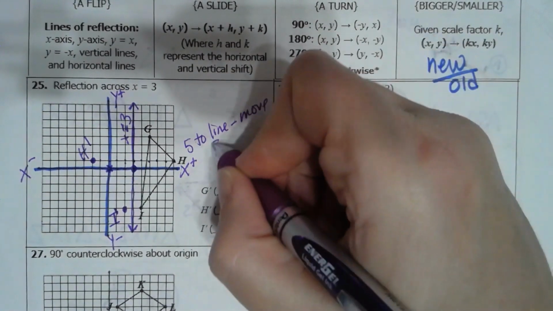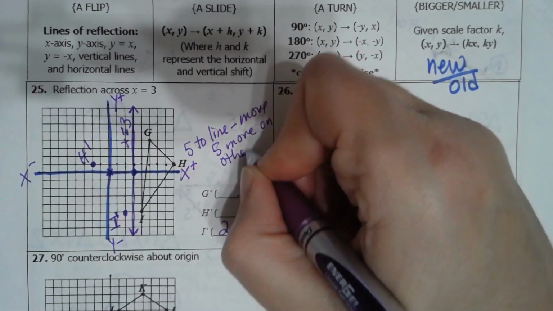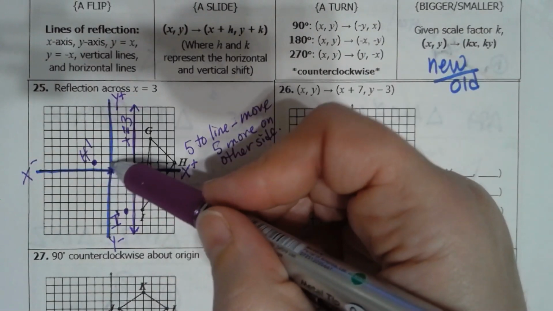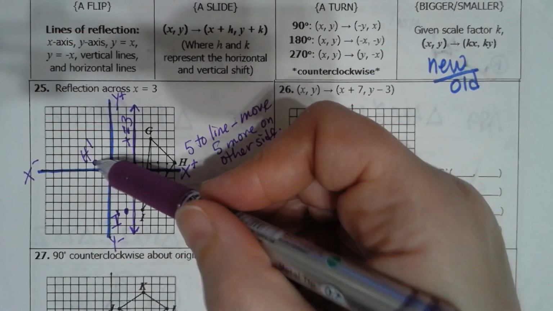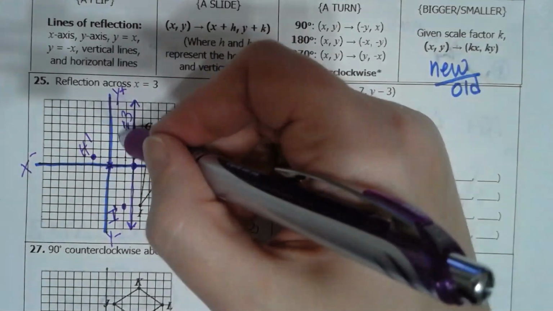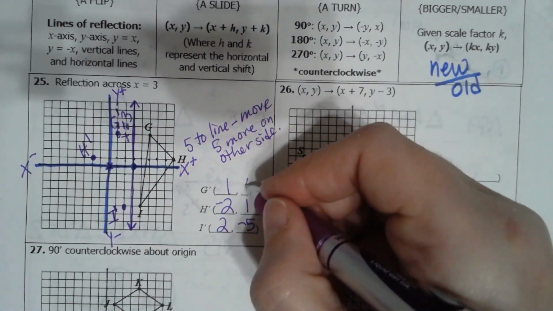Move 5 more on the other side, so you remember what we did, right? Okay, so here's our origin. So we're going to go 2 to the left, negative 2 x's, up 1. G is 2 from the line, 2 from the line.